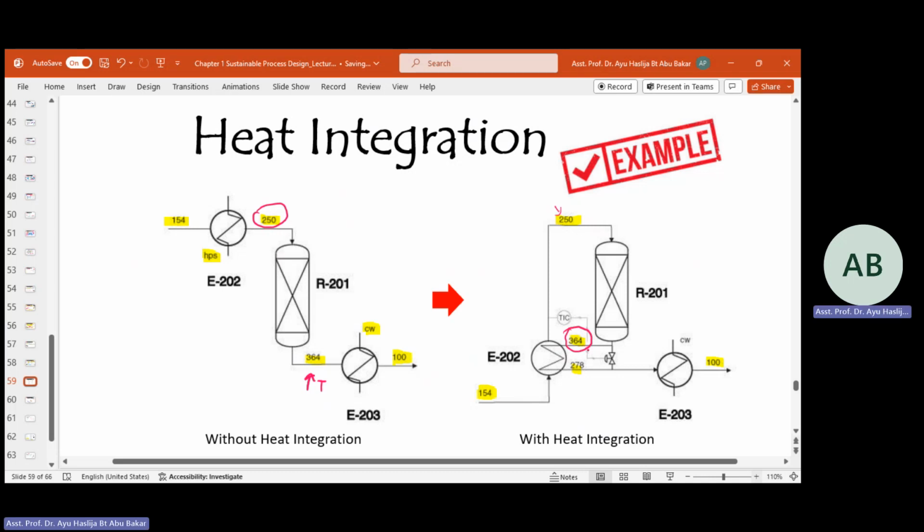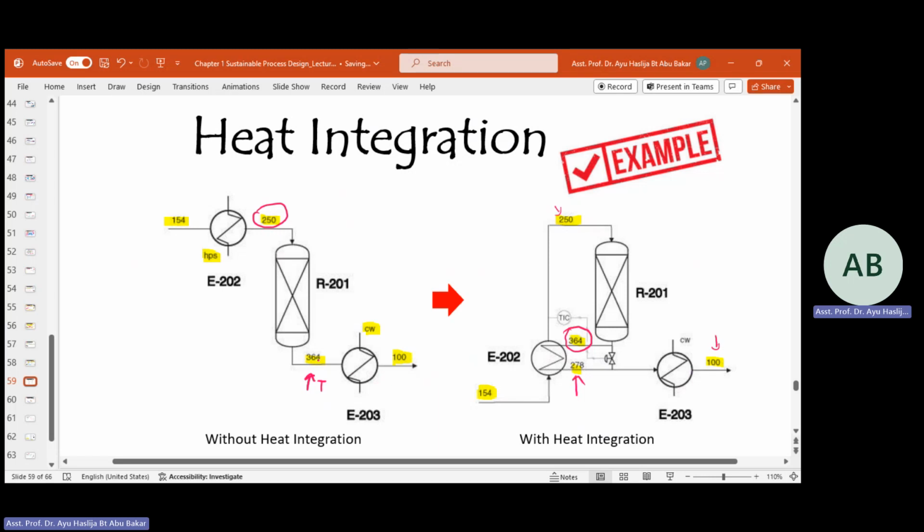Then here the outlet stream, once it is in contact with the low temperature stream, the temperature will be reduced to 278. But it is still not approaching the target temperature, which is 100. So here you need to supply one heat exchanger. But you can see over here, the delta T is not big compared to without the heat integration.